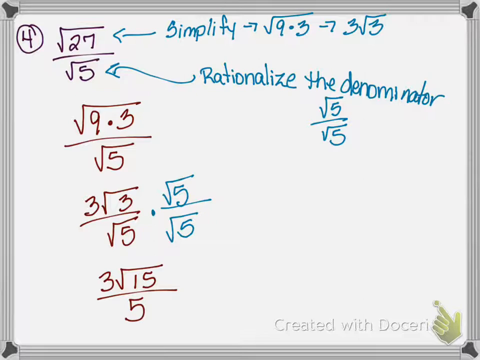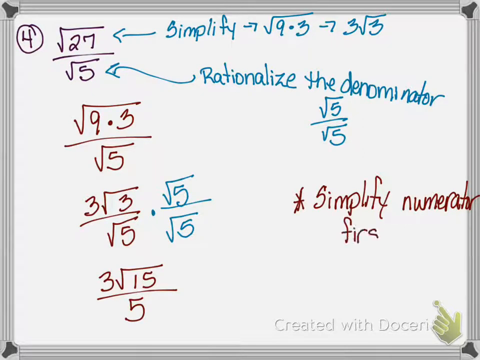So you are doing 2 things there. And if you simplify that numerator first, you're going to deal with smaller numbers. Let me write that down. Simplify numerator first, because you deal with smaller numbers. Okay?